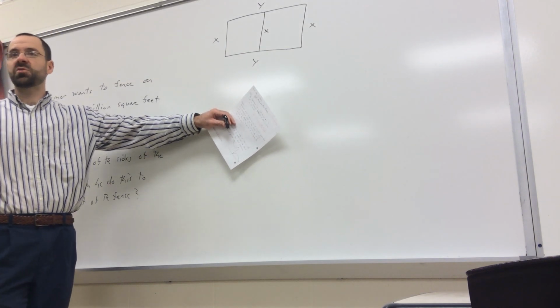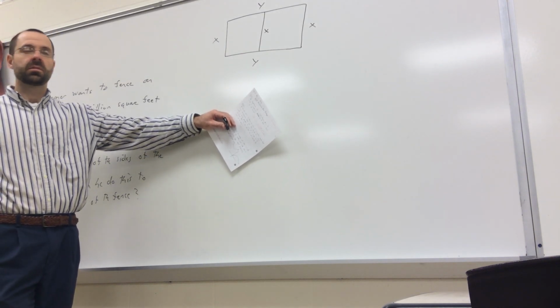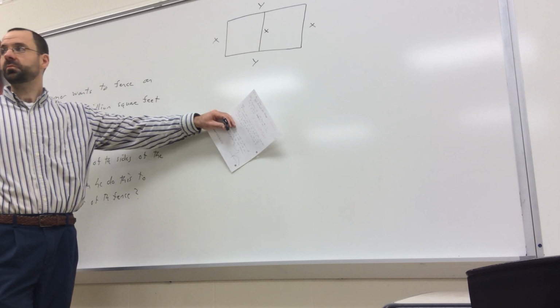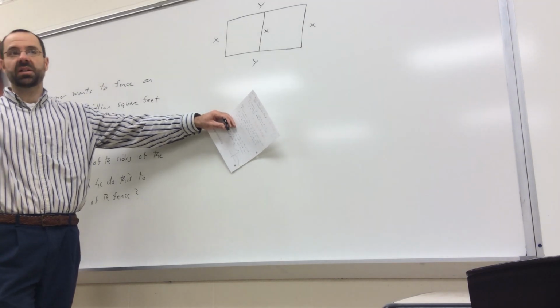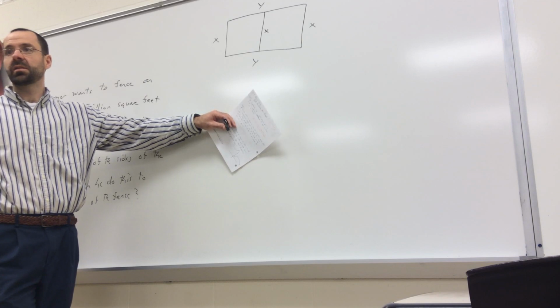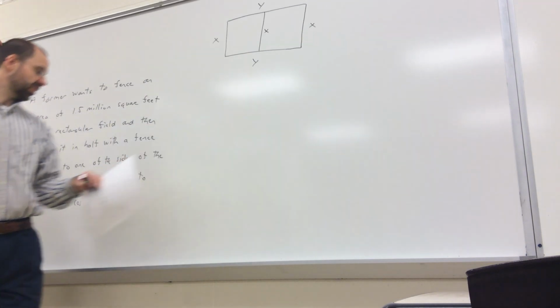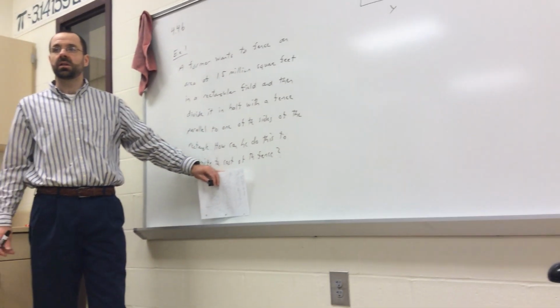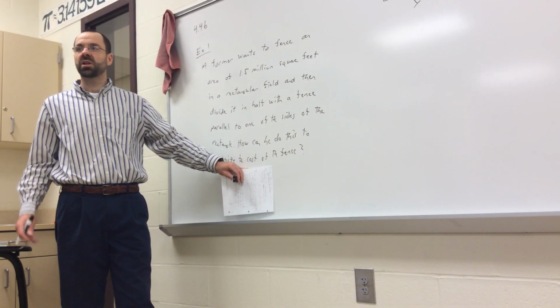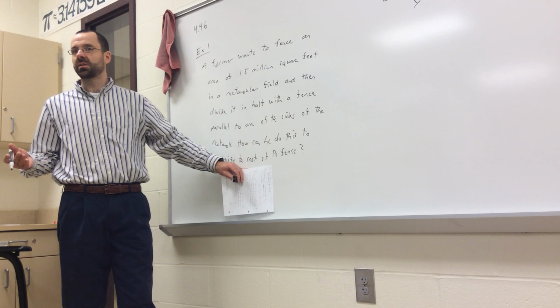So apparently he wants to have two separate areas. So he's taking his field, cutting it in half with a third fence. Okay, so this is talking about the cost. And so if we're going to minimize the cost, we need a cost equation.